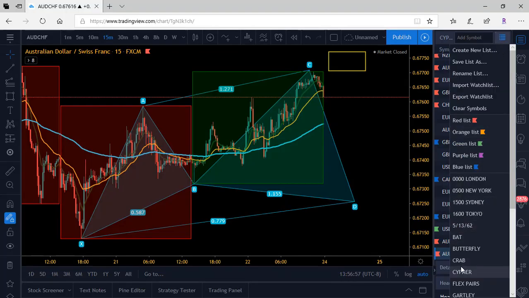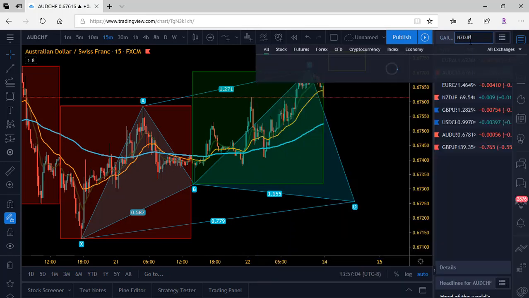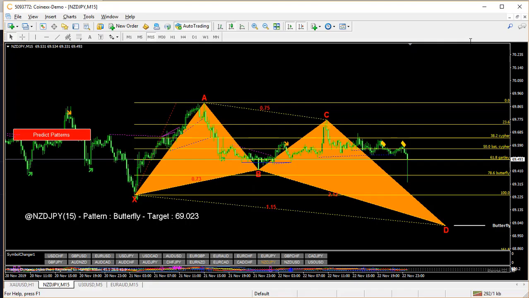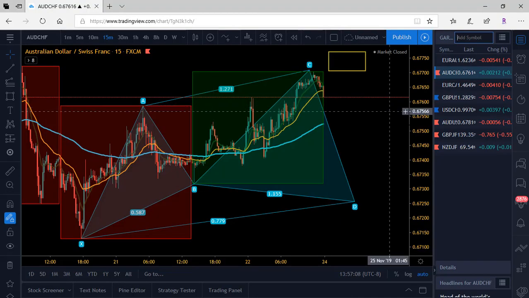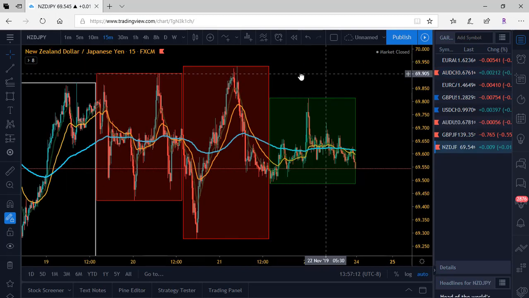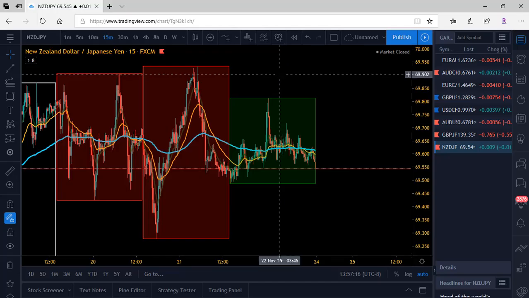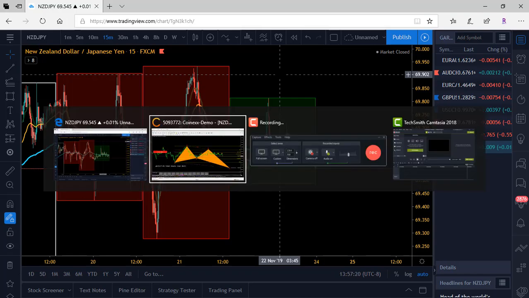NCDJPY. So what's NCDJPY, if I'm not mistaken? Okay. So again, I'm identifying the X and the A, that impulsive move.